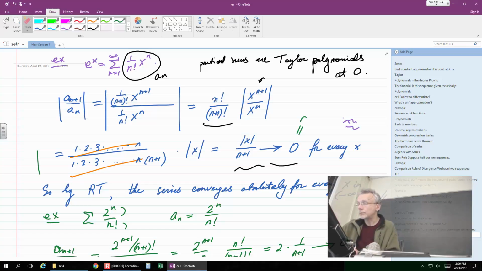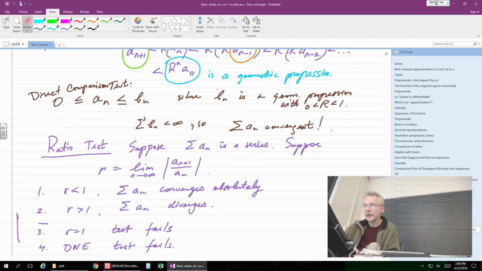And that is what I wrote here. R, what is R? R is that parameter, the limit of the ratios, which I probably should mention a bit more here. That's not the full story. I'm saying that R is that limit of the ratios, absolute values.